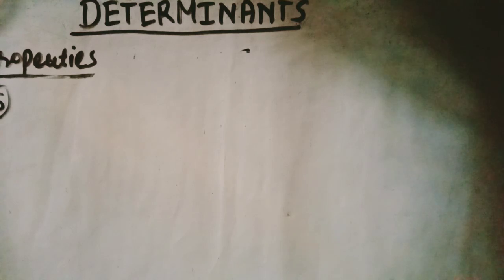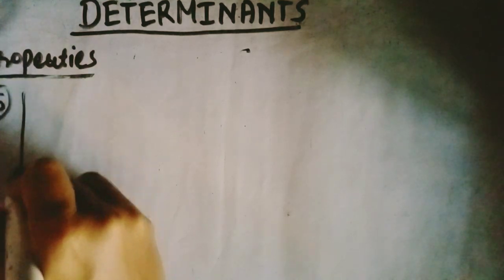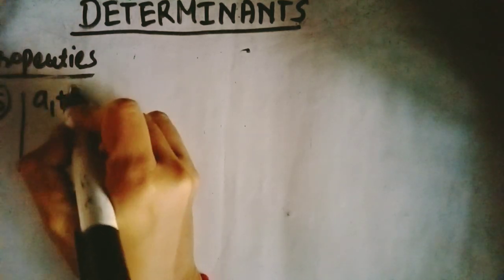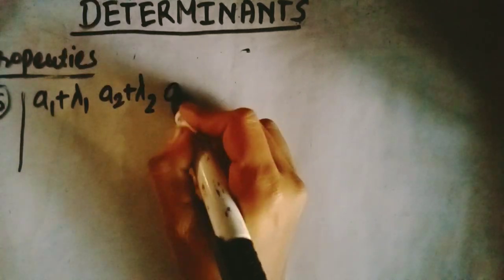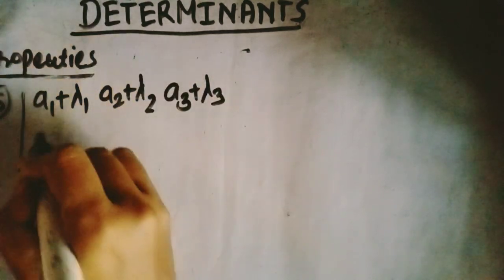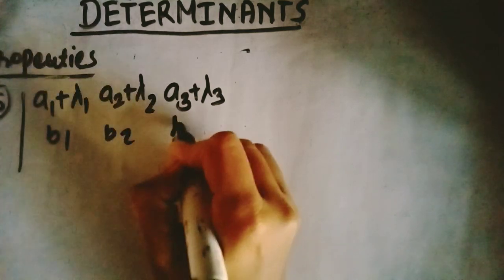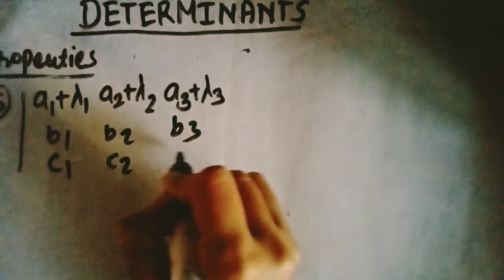Now property 5. If some or all elements of a row or a column of a determinant are expressed as a sum of two or more terms, then the determinant can be expressed as a sum of two or more determinants. So suppose we have a determinant with a1 plus lambda 1, a2 plus lambda 2, and a3 plus lambda 3, and this is b1, b2, b3, c1, c2, c3.